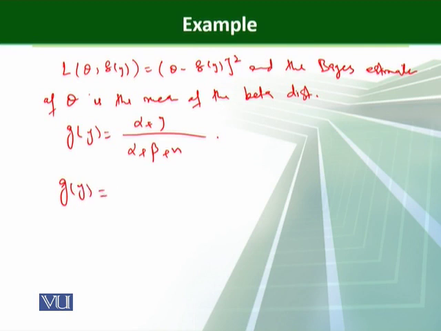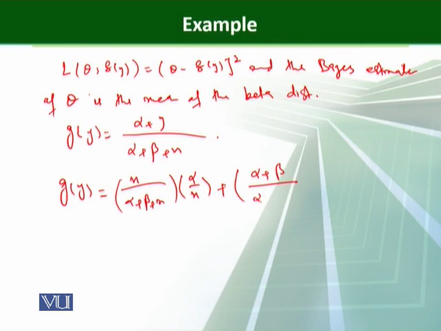We just separate some parts of this one, that is n over alpha plus beta plus n into y over n, plus alpha plus beta over alpha plus beta plus n into alpha over alpha plus beta.